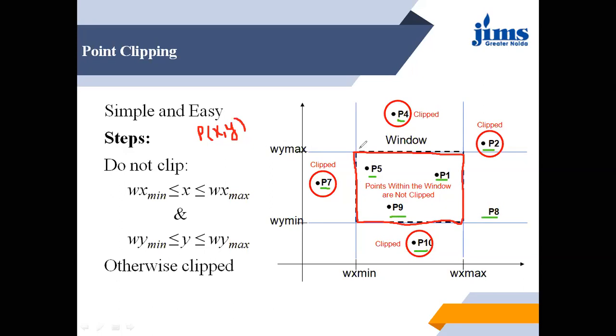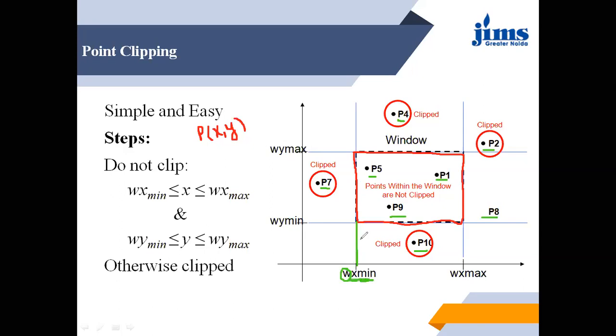So the size of the window is given over here, that is Wx min. Wx min means the value on the x-axis of the window's minimum coordinate.